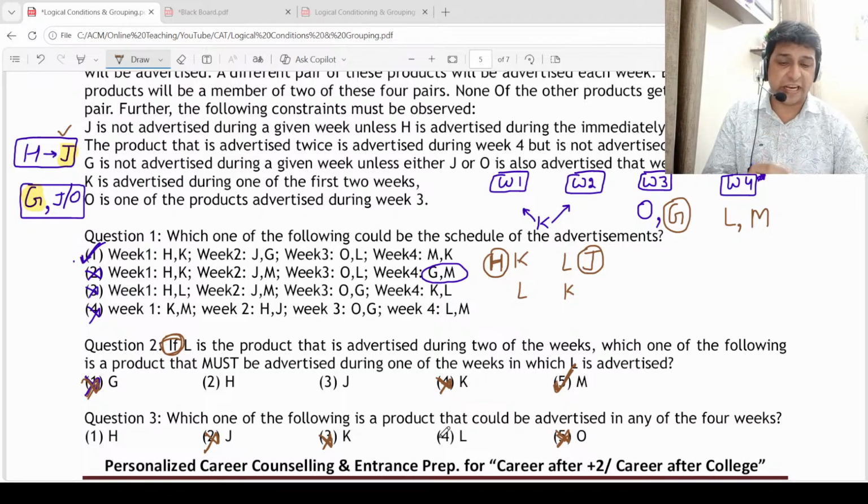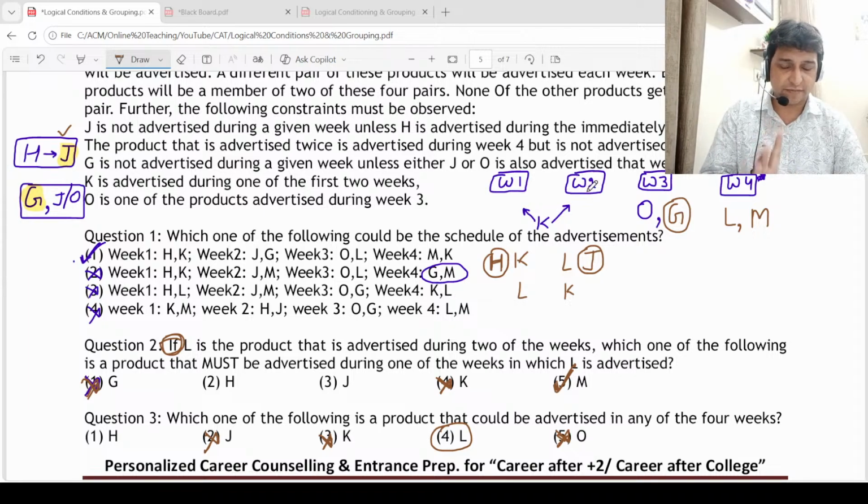Out of H and L, for L, we do not have any condition. For H, again, if we take H only once, let's say first week, if H comes, J will be in the second week.